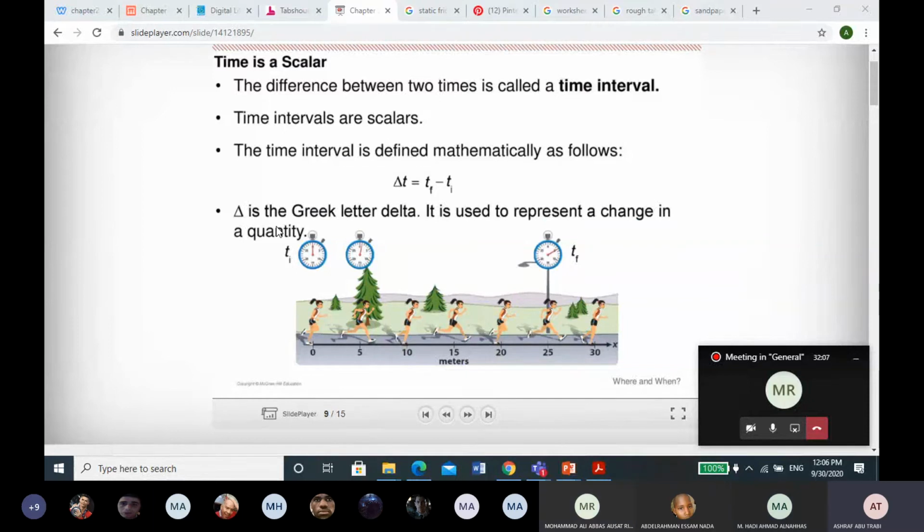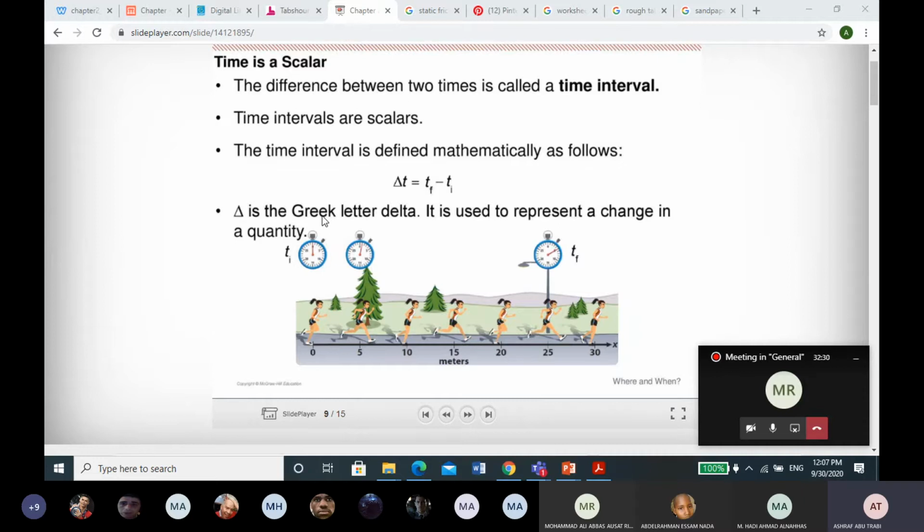So the time between attending the class and leaving the class, we call the time interval. How can I find the time interval mathematically? I get delta t by subtracting the final time, the time leaving the class, minus the initial time, the time attending the class.